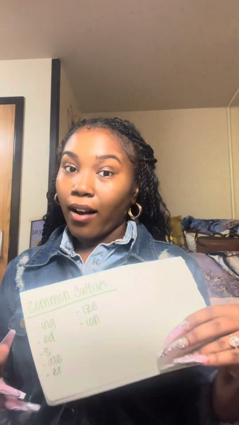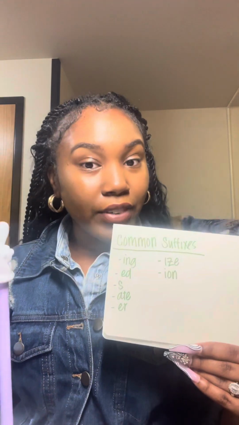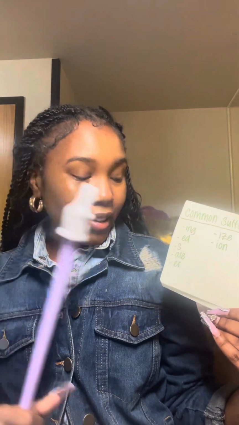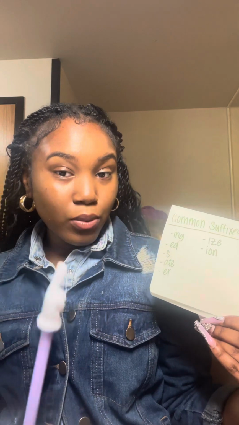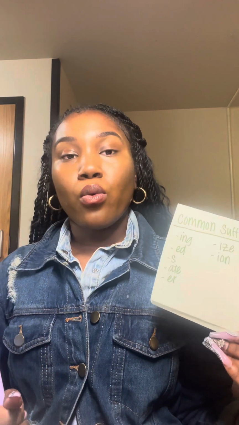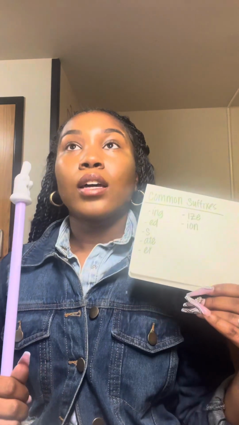So here I have some common suffixes. We have ing, such as cooking or reading. We have ed, which is like the past tense, such as hopped, jumped, skipped. We have s, which makes it plural, such as cakes, apples.